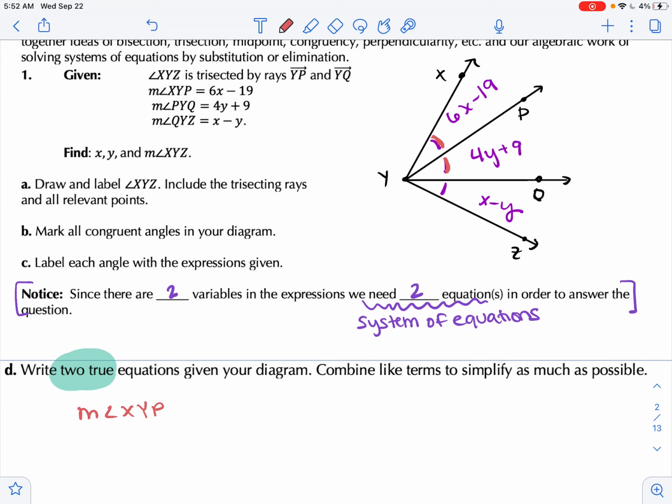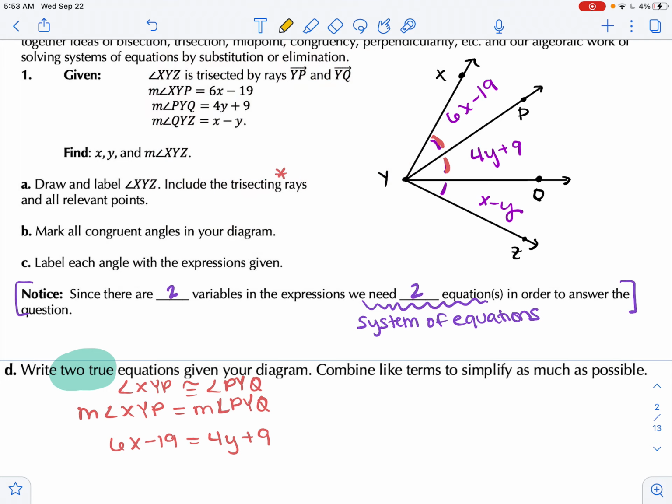The measure of XYP is equal to the measure of PYQ, because those angles are congruent. Those angles are congruent because of the trisecting rays. So here's an equation: 6x minus 19 equals 4y plus 9. That came from setting these top two angles equal to one another.